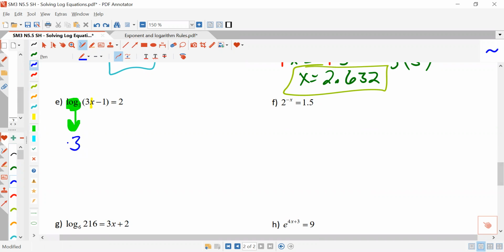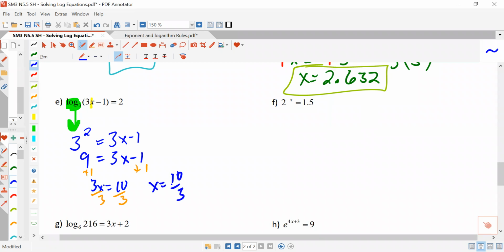A base of 3, an exponent of 2, because the exponent and the answer switch, 3x minus 1. So that turns into 9 equals 3x minus 1, and then I just solve it. Add 1, 3x equals 10, divide by the 3, x equals 10 thirds.